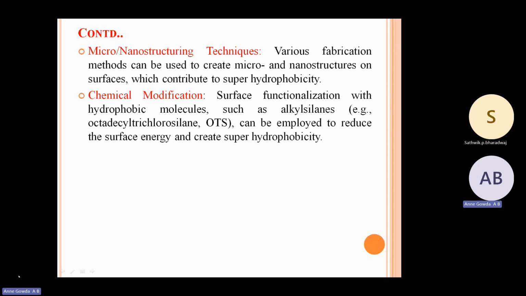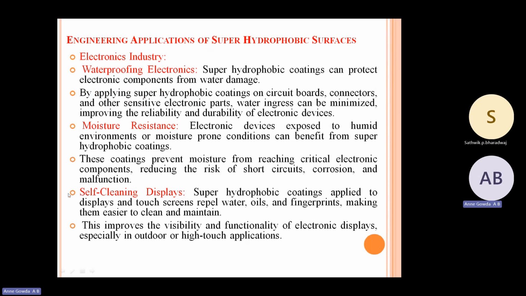And what are the applications? As I said, the lotus leaf effect has led to the invention of these super hydrophobic surfaces. It is used in the electronics industry. You can see there are many display boards hanging outside in nature. Those display boards are kept there itself when the rain is coming, or during fogging.